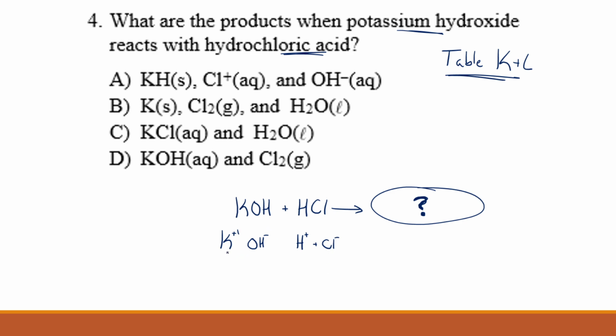We have to swap the positives or swap the negatives so that we know what happens on the other side. And then we need to put everything back together, crisscrossing all of our numbers back down. They're all ones, so it makes our life really easy. 1, 1, 1, 1, 1, down the line.